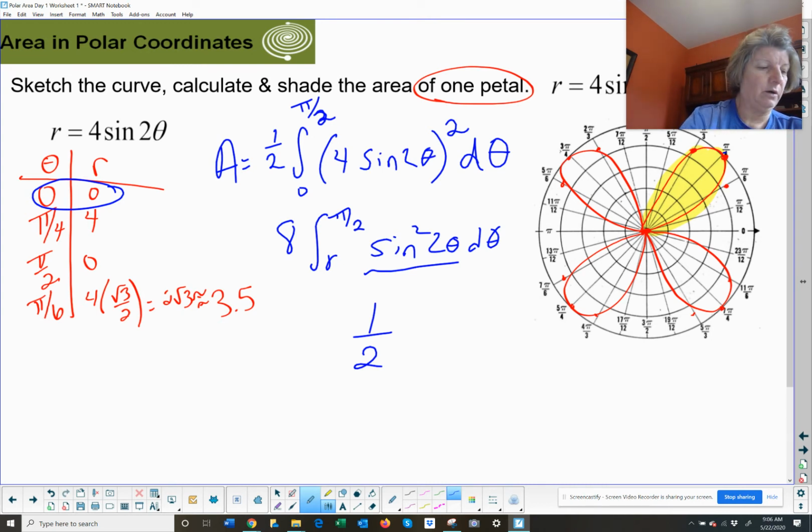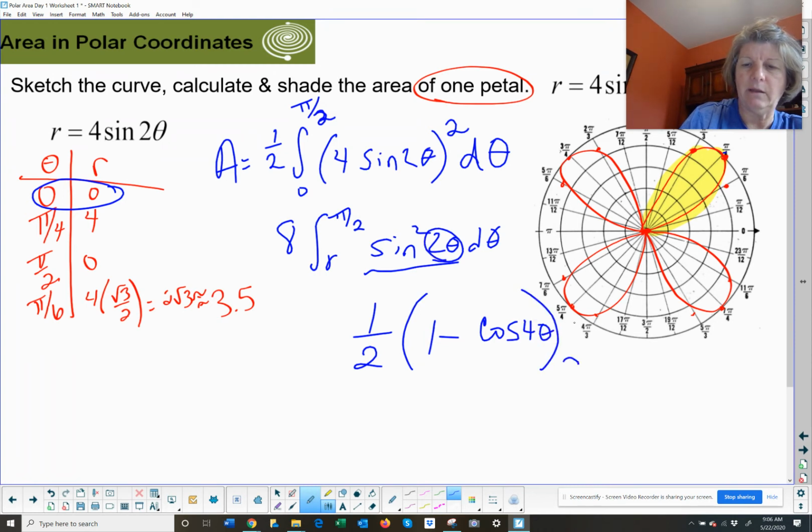squaring one. So I would go 1/2 minus 1. Let me write it the way you'll recognize it. 1/2, 1 minus cosine, double the angle of 4 theta d theta. And then I would be able to integrate that.